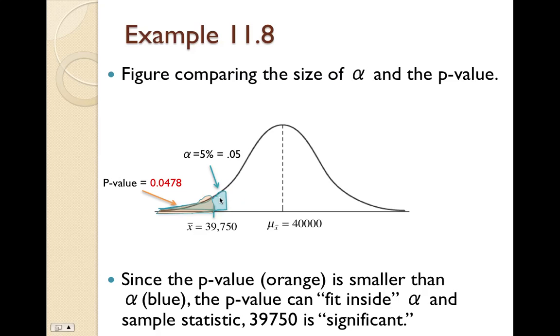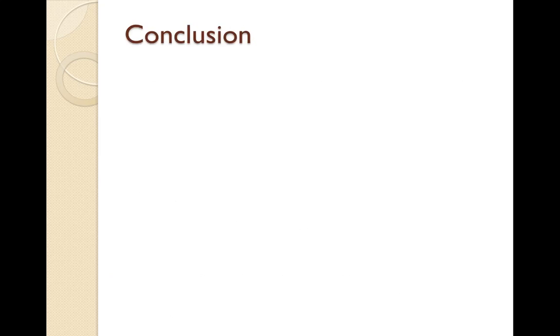When we get a p-value that's somewhere between 1% and 5%, we say the result is significant. When we get a p-value that's smaller than 1%, we say the result is very significant. When we get a p-value that's greater than 5%, we say it's not significant. So this is how we state our conclusion. There are 2 conclusions in a hypothesis test that are possible. Either you're going to reject the null hypothesis and accept the alternative hypothesis, or you're going to fail to reject the null hypothesis.